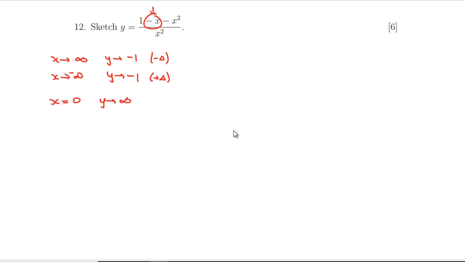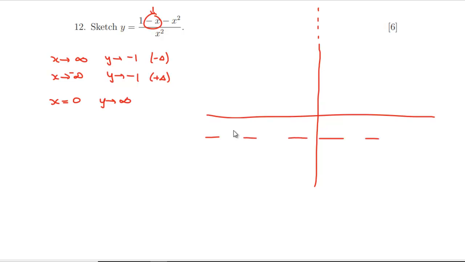Right, let's start marking some of these things on. We know we need all of these things. So we've got an asymptote up here. We've got an asymptote here at minus 1. When we're on the positive side, positive x, we're on that side. When we're at negative x, we're on that side. So what happens either side of x is 0?